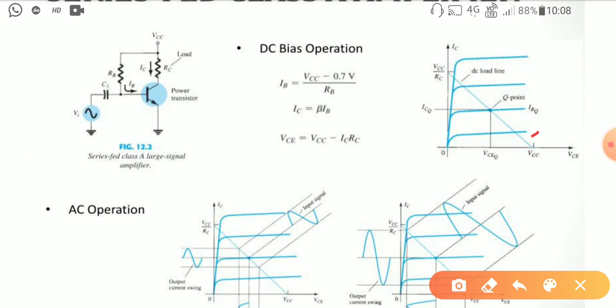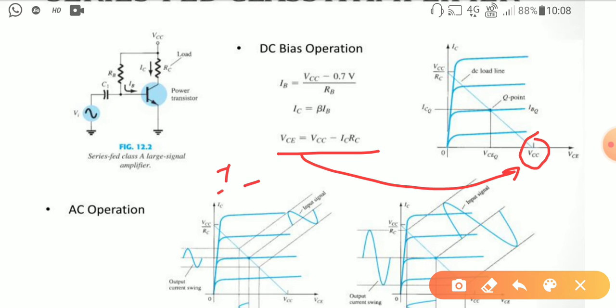And what will be the maximum value here? This is VCC. You can identify it because when IC is equal to 0, VCE will be VCC. From this equation we can also write IC is equal to VCC by RC minus VCE by RC.